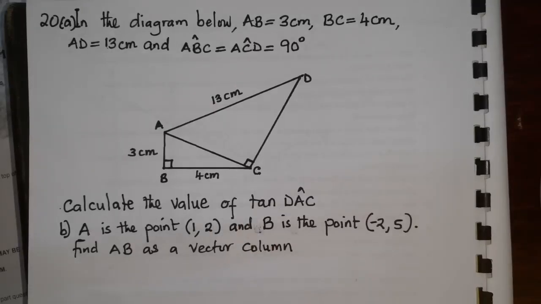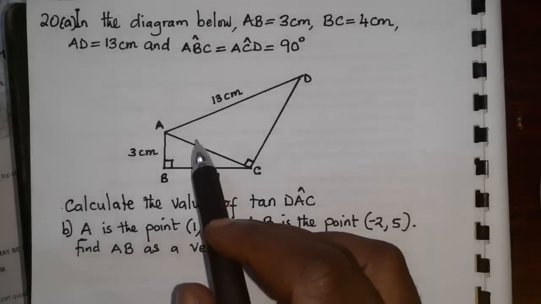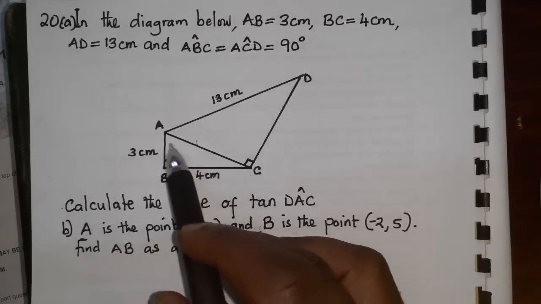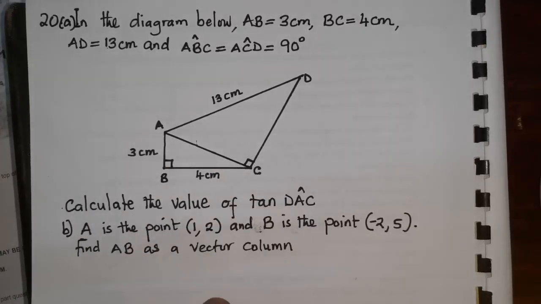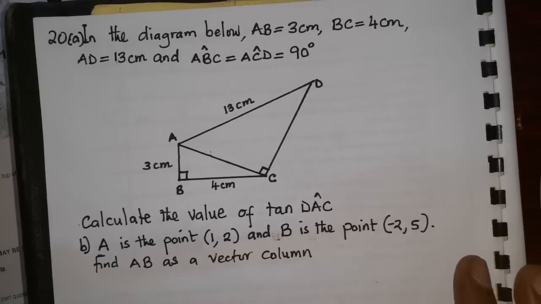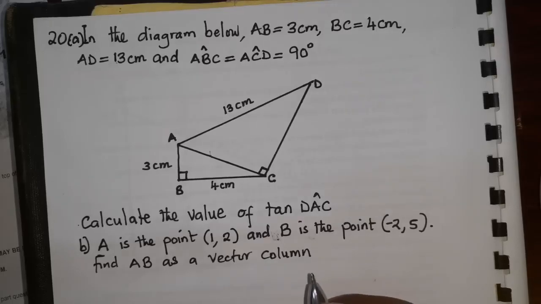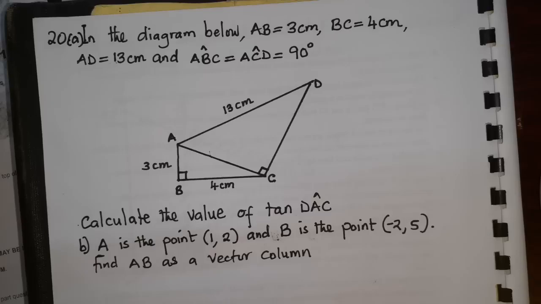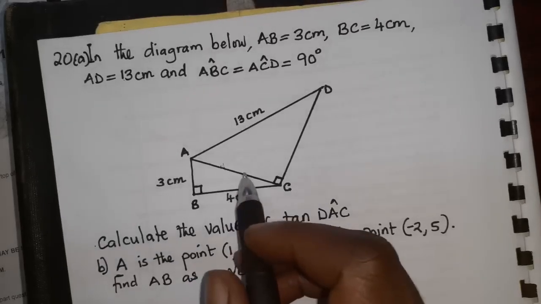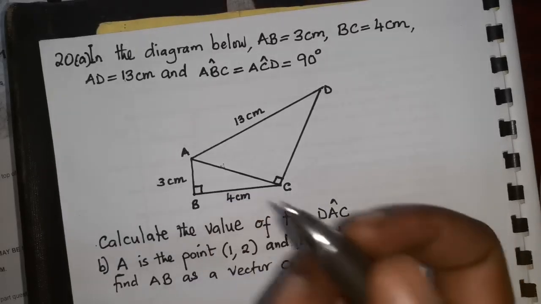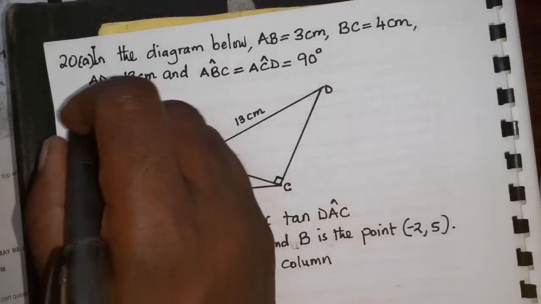We are supposed, first of all, to find the value of this side. That is very important. This is Pythagoras theorem, and I do not think that by the time we're in grade 12 we should struggle with it.